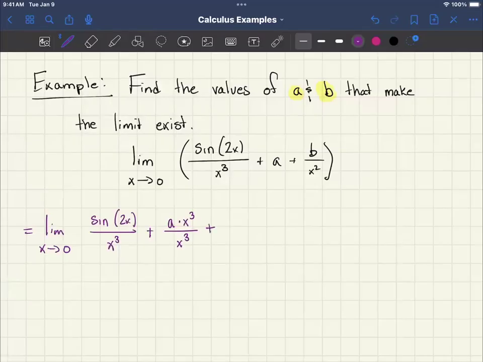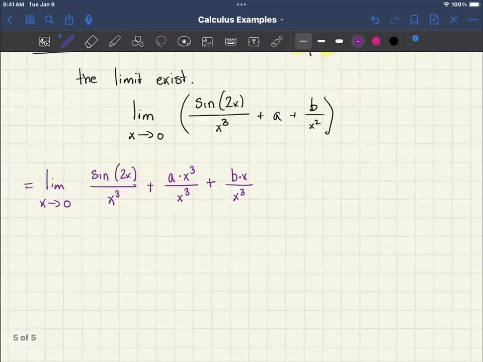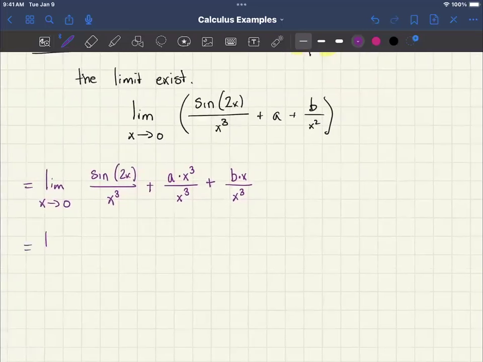And in our third term, we only need one extra x to get an x cubed on the denominator, so we're going to multiply the top by x and the bottom by a single x. All right, and now let's smush this. So we have one denominator x cubed, sine of 2x plus ax cubed plus bx.